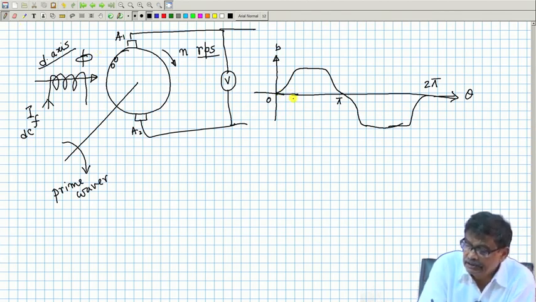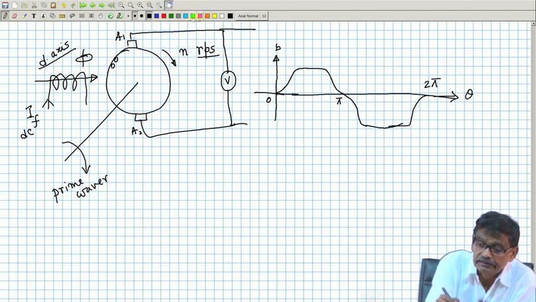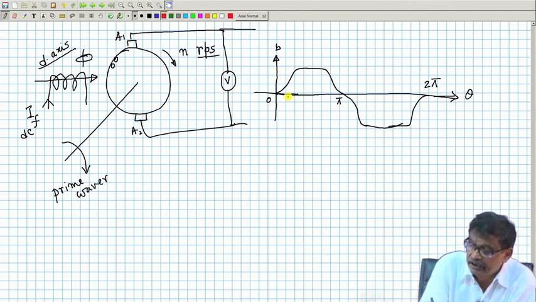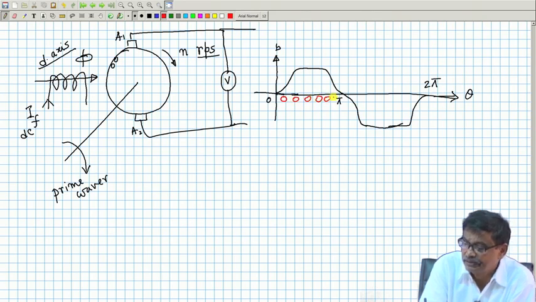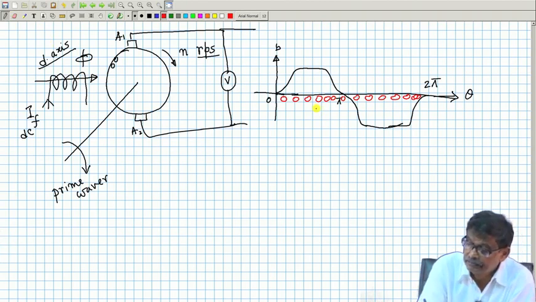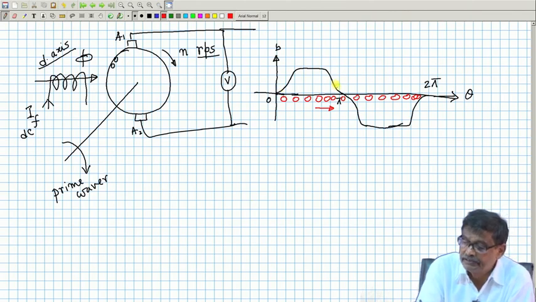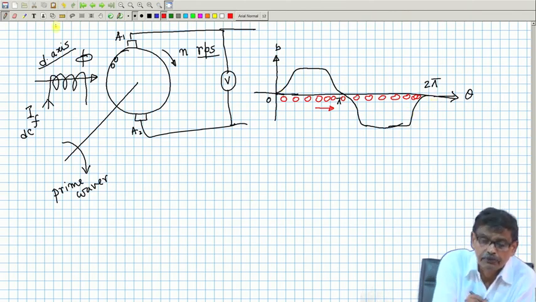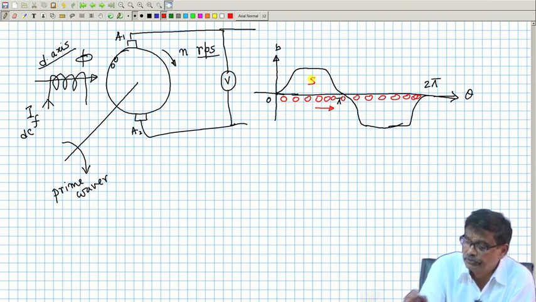So, armature conductors, if I show it like this with red lines, armature conductors are here in these slots. And armature is moving, suppose from left to right. And this field is stationary, and suppose this is south pole, this is north pole.